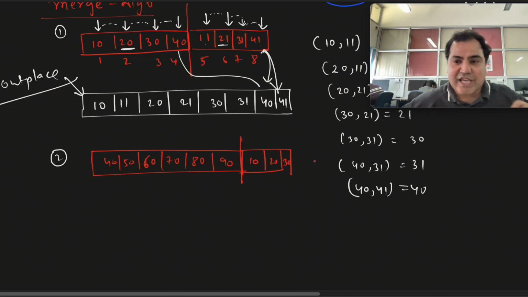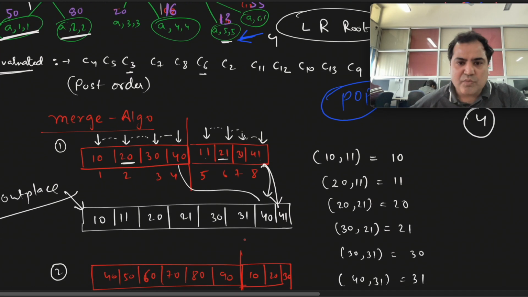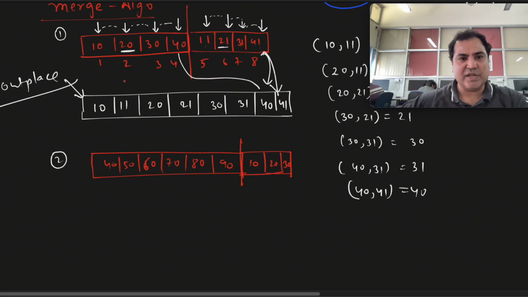This case may also arise, the way we have seen here. One subarray can be bigger and the other subarray can be smaller. We'll see how this is evaluated.